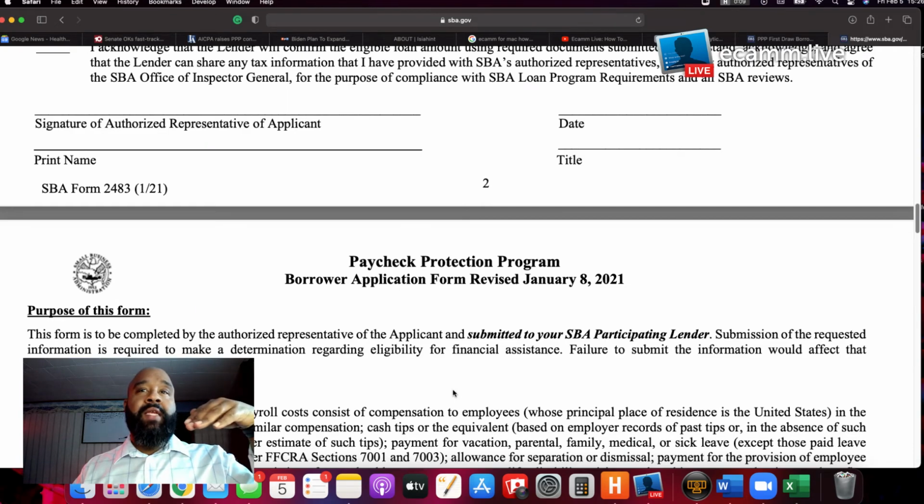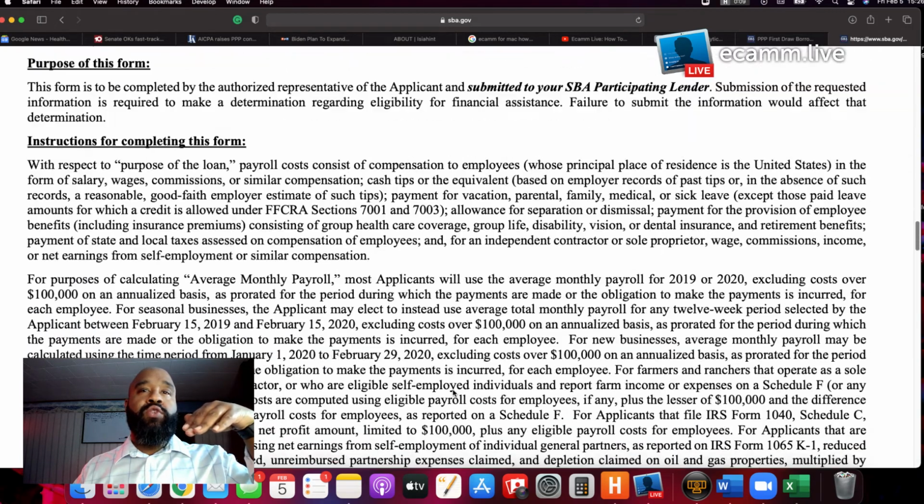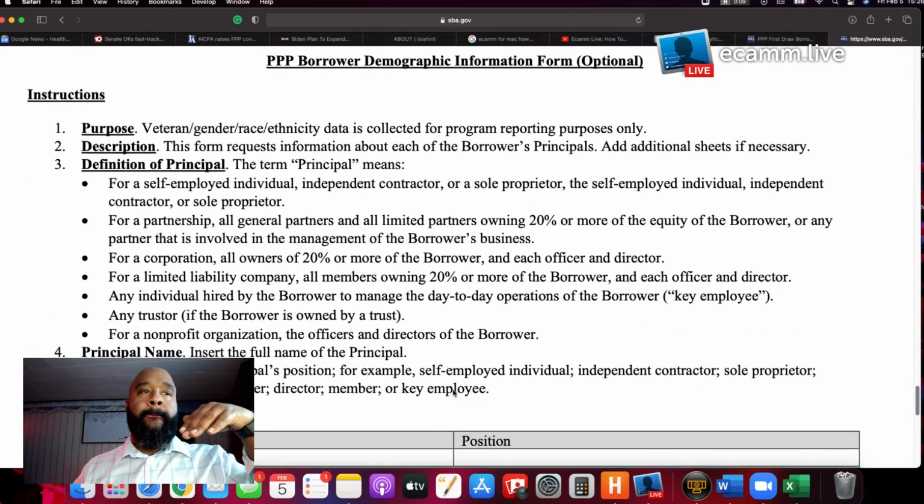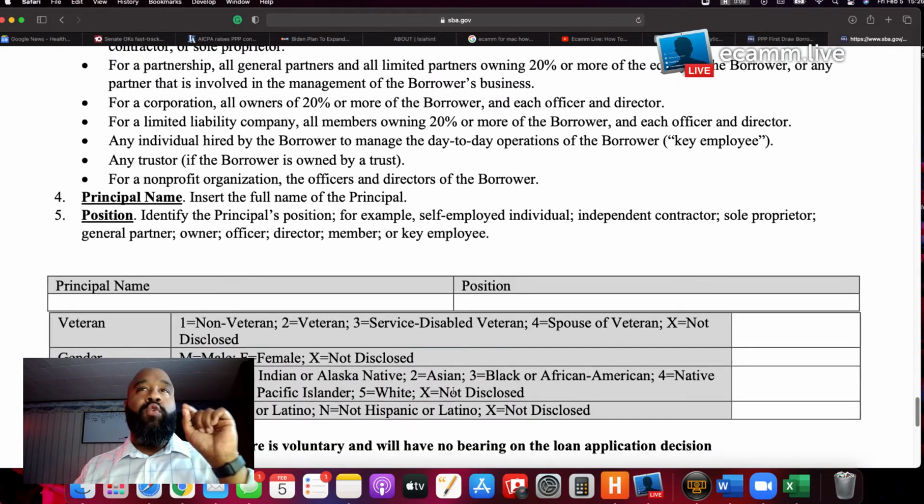Now, I think down here, these are the instructions, and let's see, and there are optional demographics on the last page. This is voluntary, so your principal is you, or your authorized representative, and then you're going to check the box of what you are. Are you a veteran? I am, yes.